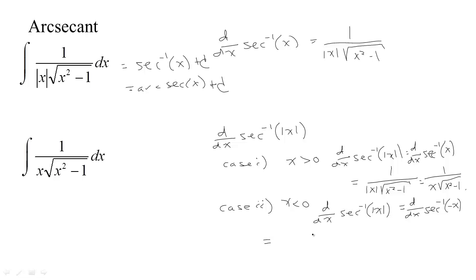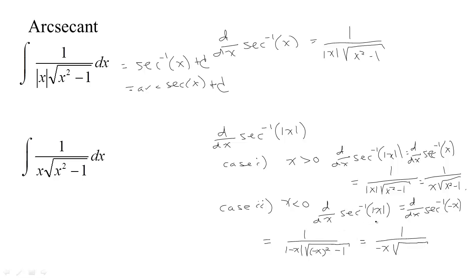Of course, we can apply the chain rule to that. You would take 1 over the absolute value of the opposite of x times the square root of the opposite of x squared minus 1. However, since x is already negative, the opposite of x is positive, so the absolute value won't do anything to that.